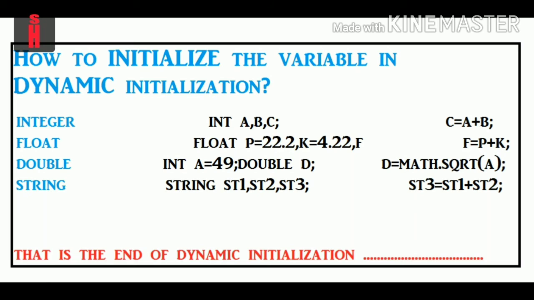So d will have its dynamic initialization at runtime after the execution of the program, and for Math.sqrt, meaning the square root of 49, will be 7. So d will get its correct value 7 at runtime, or on the execution screen of the program.